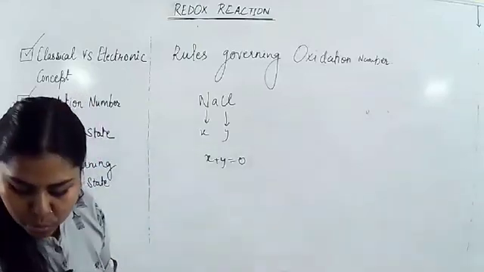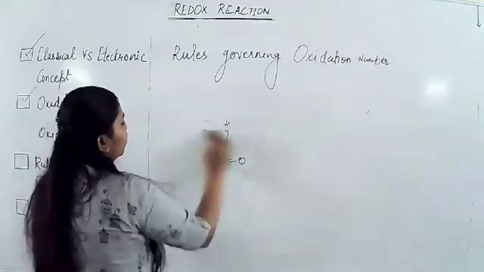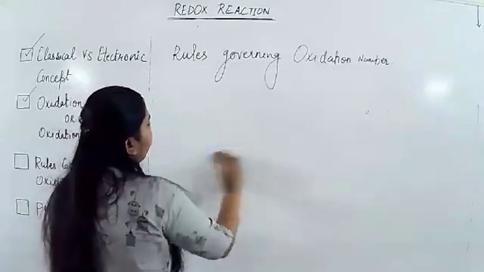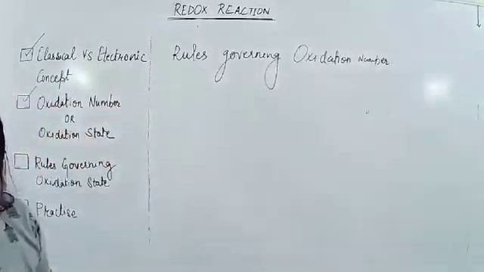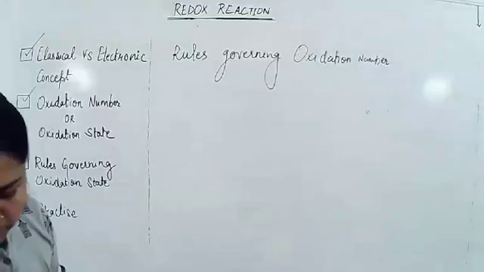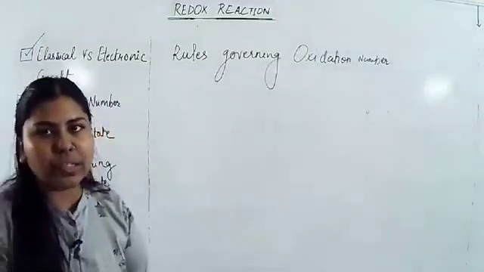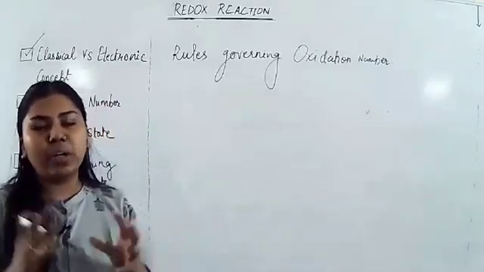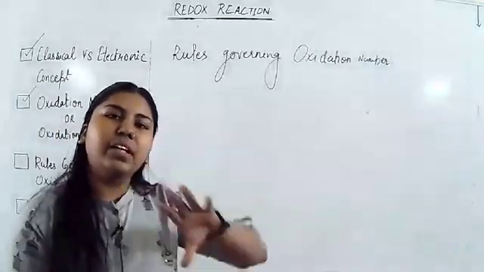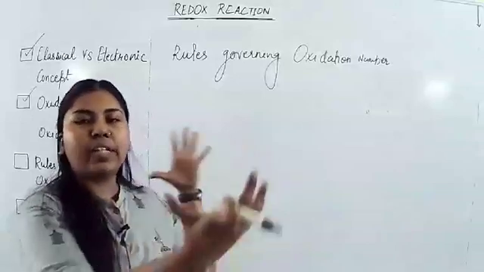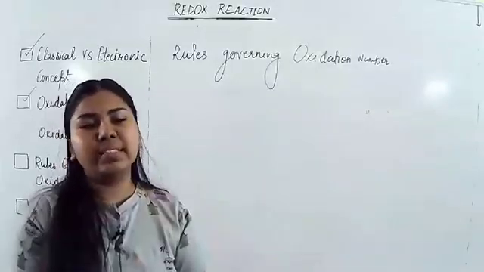Let us go to the next rule, which is governed by the periodic table. You are well aware that the left side of the table has electropositive elements like metals.